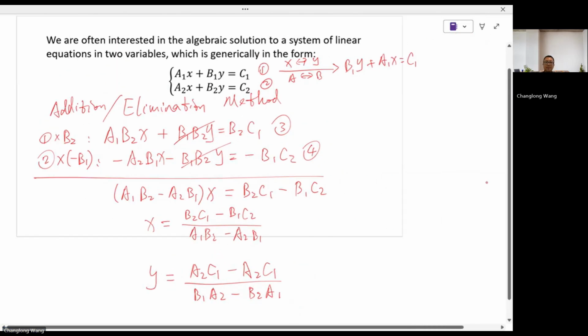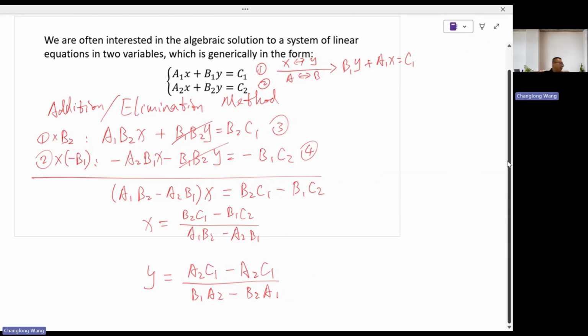right on time. Before I let you take a break, I want to think just for a brief moment to see what we have accomplished. So that's a generic linear system of two variables, and we solved it once. But that means we have solved every single linear system of equations of two variables.